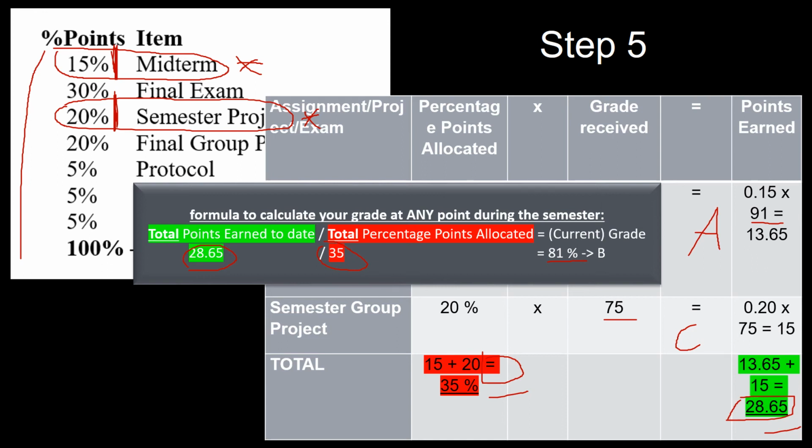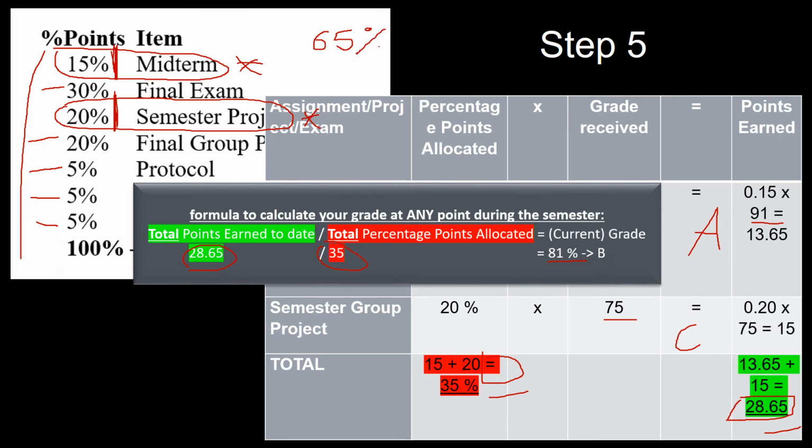And based on this particular syllabus, you still have the final exam, the final group project, the protocol, then 5% for the quizzes and 5% for the participation. In total, that is 65% that are still missing.